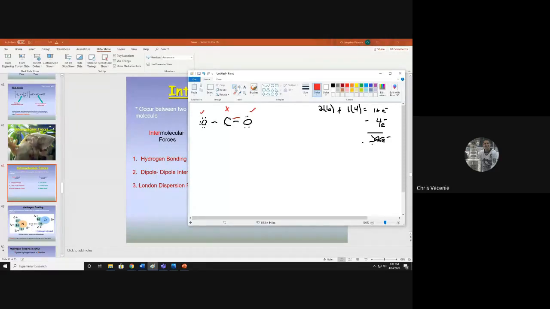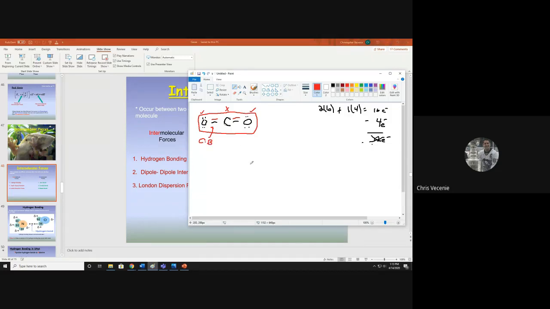Still not good. So we try that again. Take 2 off this guy. Push him into the middle. Now the oxygen 2, 4, 6, 8, good. Oxygen 2, 4, 6, 8, good. Carbon 2, 4, 6, 8, good. So that right there is a carbon dioxide molecule, just one. These are covalent bonds.